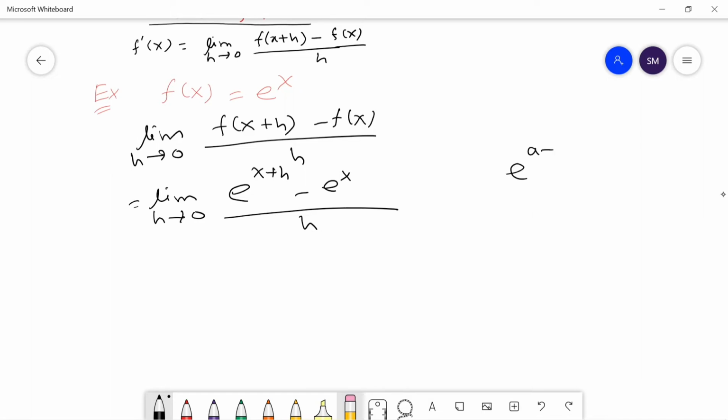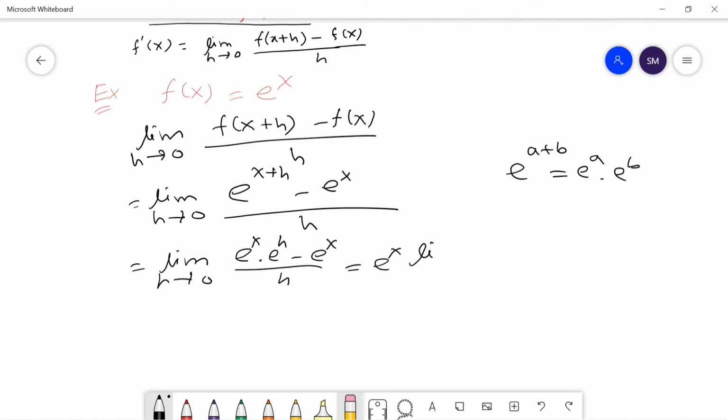E to the power a plus b can be written as e to the power a times e to the power b. So you can write it here: limit h tends to 0 of e to the power x times e to the power h minus e to the power x over h. This is equal to e to the power x times limit h tends to 0 of e to the power h minus 1 over h.